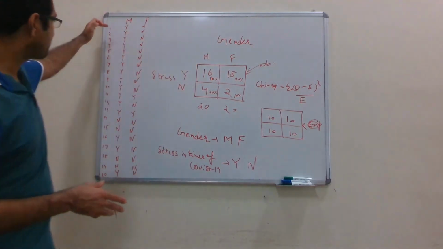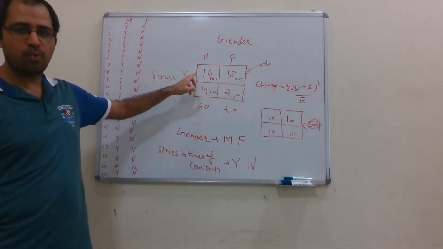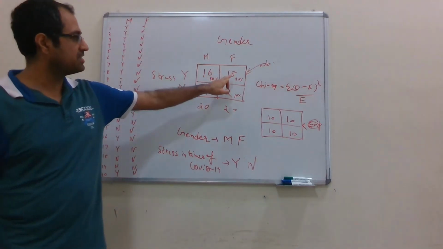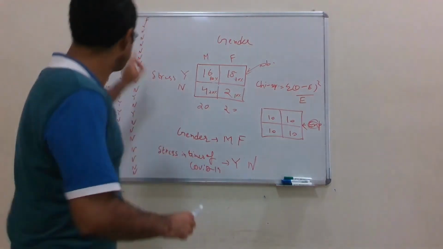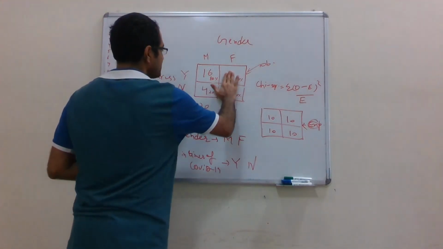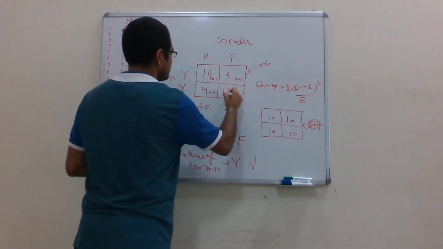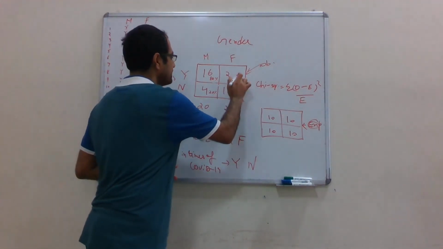So how many males, if you count, how many males have feeling stress in times of COVID? It is 16 yes and 4 no. And females, if you count, 18 are saying no, and 2 are saying yes. So 90% and there 10%.